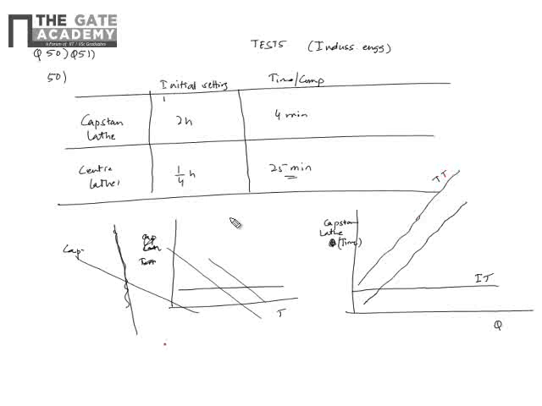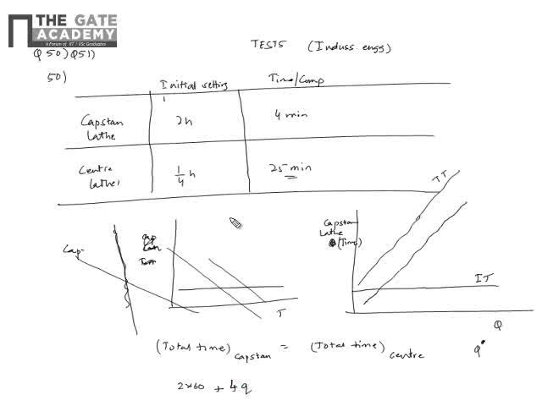Now the question is how many components I should produce, minimum, in capstan and center lathe, so that the total times are equal. Let's say I produce Q components. In the capstan, the initial time is 2 hours, 2 into 60, that is 120 minutes, plus Q into 4 as the total operational time.